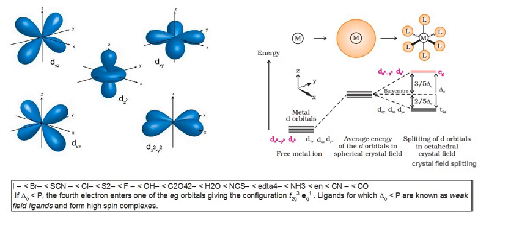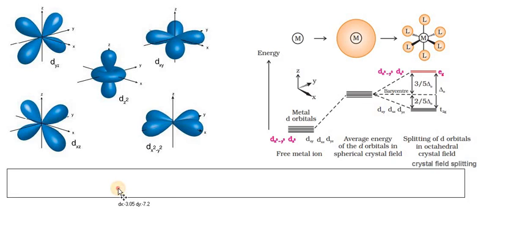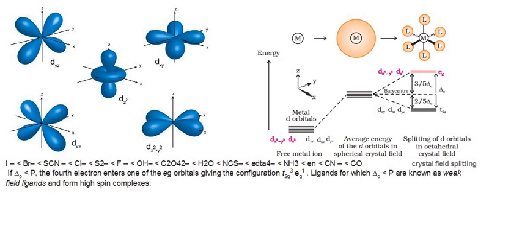Whereas in the other case, if delta O is greater than pairing energy, it becomes more energetically favorable for the fourth electron to occupy the lower t2g orbital, with the configuration t2g4 eg0. The ligands which produce this effect are known as strong field ligands and form low spin complexes.